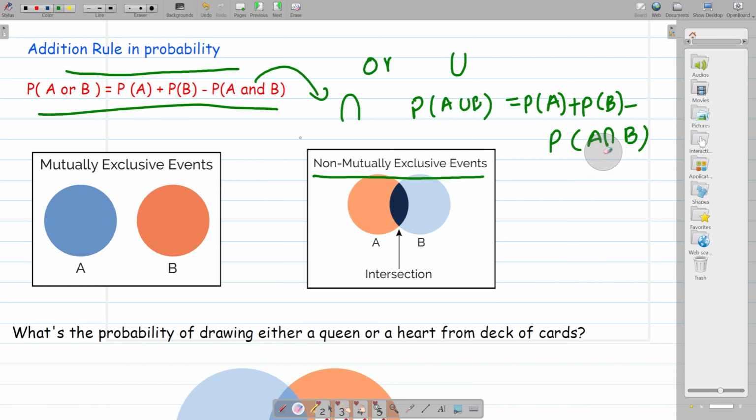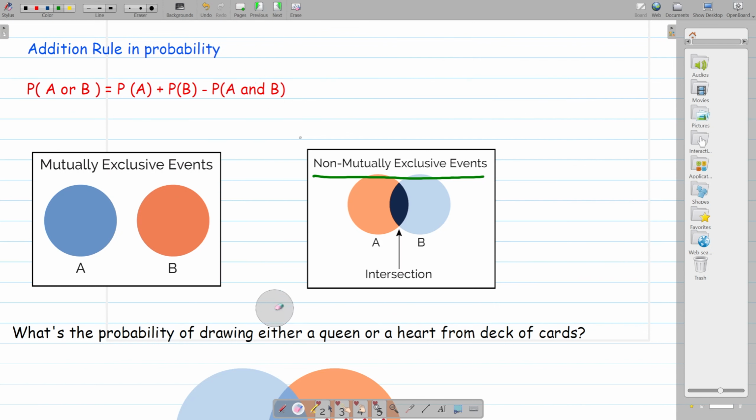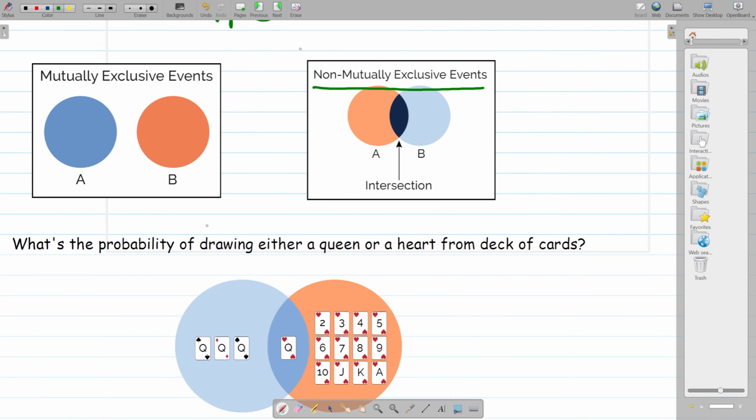What happens for non-mutually exclusive events? Nothing happens. The original equation for the addition rule we can use because there is an intersection. So we cannot eliminate this term like we did for mutually exclusive events. So there is a value for this term for non-mutually exclusive events. Okay, let's move into the question now.